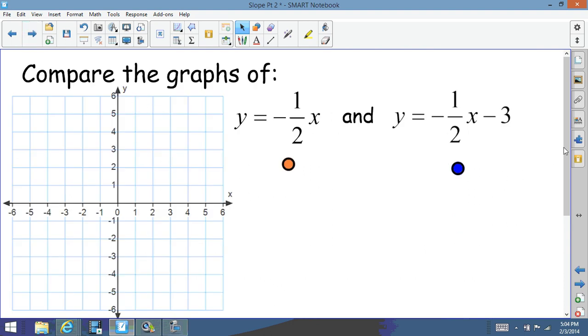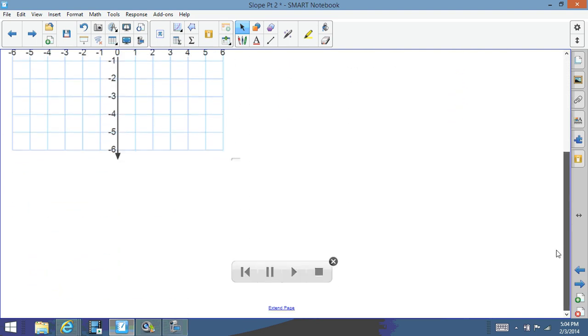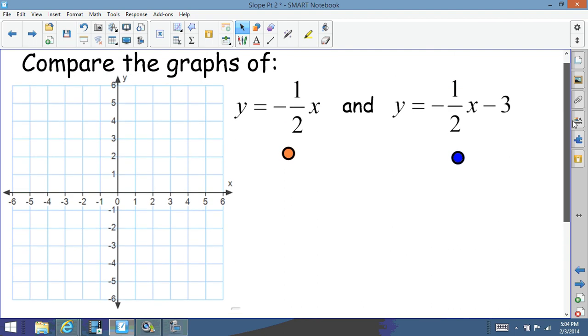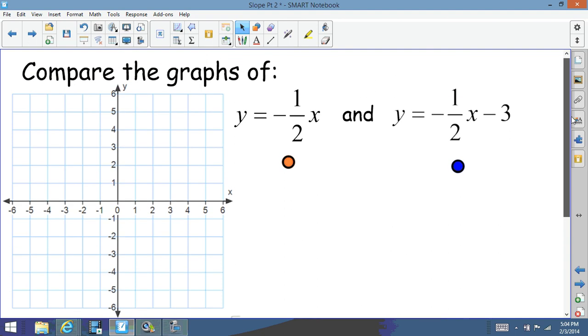So here we have a demonstration, where it's going to graph all of these points. First we graph at the origin, then we go one box down, 2 boxes over, because that's our slope. Slope indicates that we go down 1 box and over 2 more. We then go from our next point to repeat the pattern.